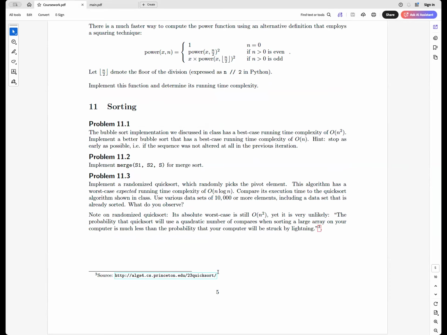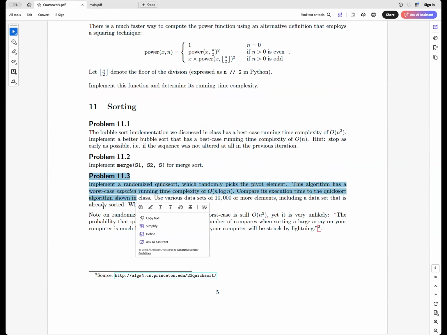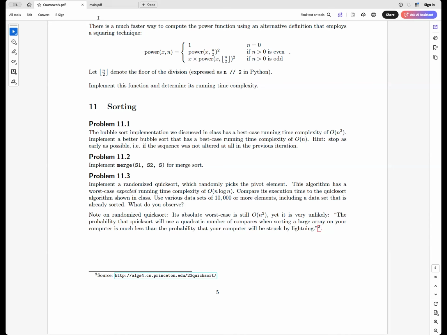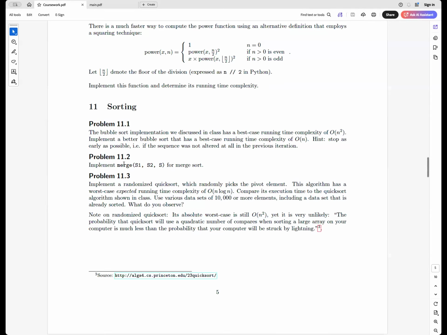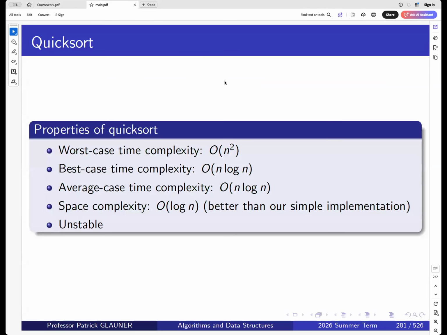And there is a reference here that you're welcome to read and think about this in problem 11.3. The worst case would still be O of n squared, yet it's super unlikely because you could just have bad luck each time with your random pick. Yet this is super unlikely. So problem 11.3 addresses this, and this would be a randomized quicksort where we pick the pivot randomly. But still, worst case is O of n squared.